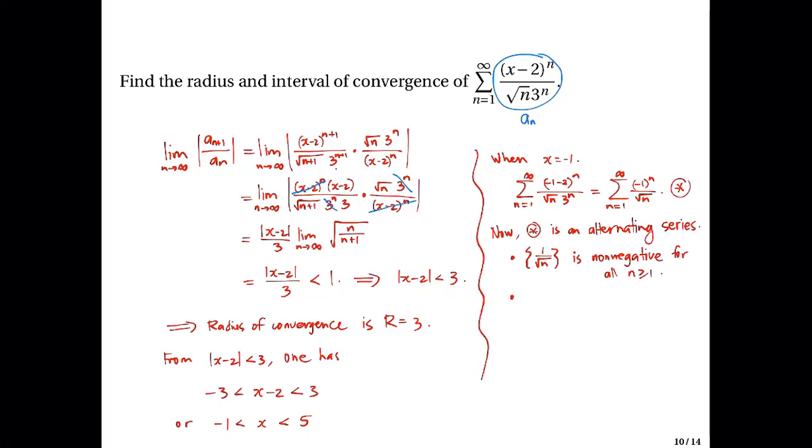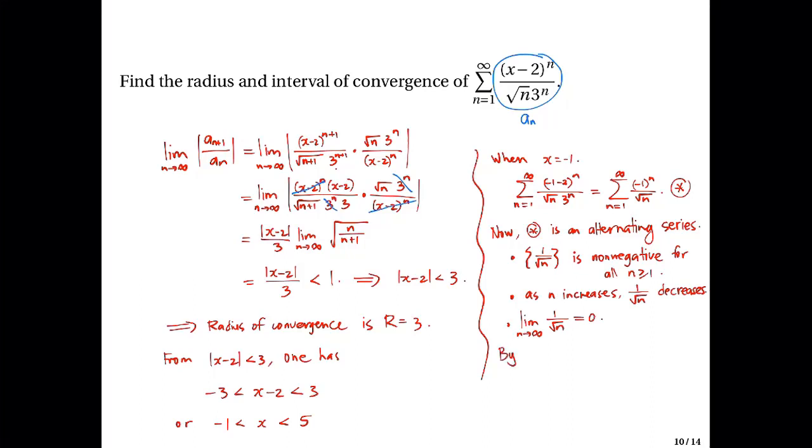Also, as n increases, 1 over square root of n decreases. So it is decreasing. And finally, the limit of 1 over square root of n as n approaches plus infinity is equal to 0.